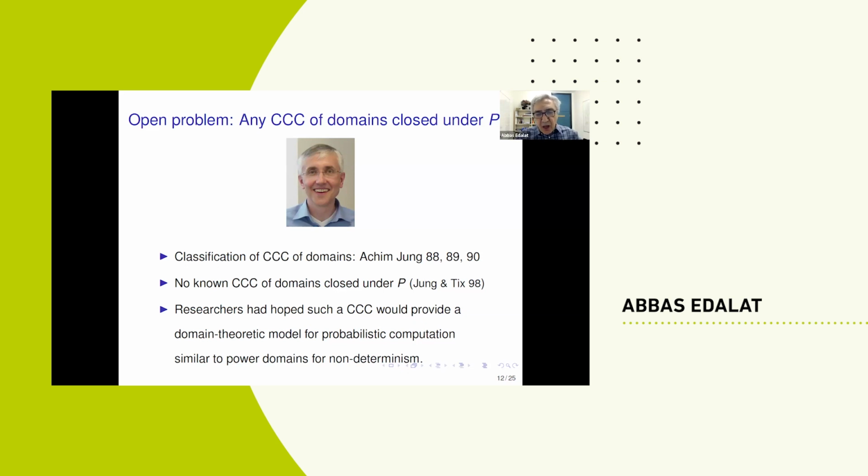Because the probabilistic power domain, in a sense, is like the power domain for non-determinism, except that it's for probabilistic computation, researchers had hoped that if we solve the Jung-Tix problem, so find the CCC that would be closed under the probabilistic power domain functor, then that would lead to a domain-theoretic model for probabilistic computation, similar to power domains for non-determinism.